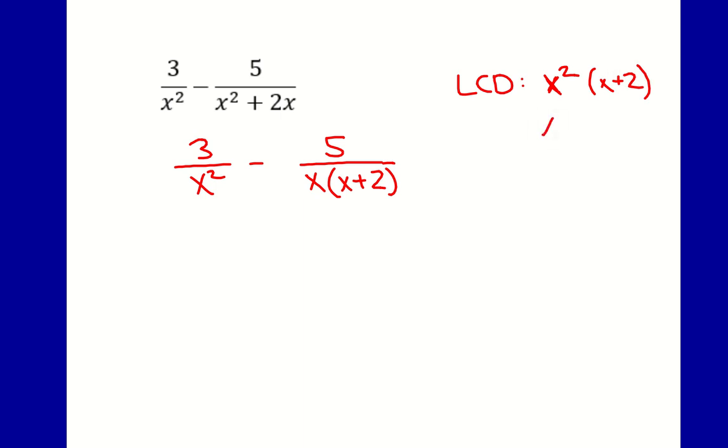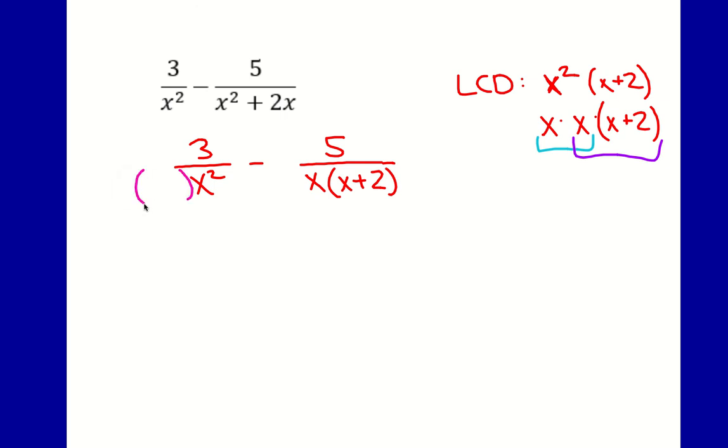If you want to write this as x times x plus 2, so that you can see that the first denominator fits inside and also that the second denominator fits inside, you would be welcome to do that, but it's unnecessary. So if that's the least common denominator, I need to see what I should multiply each fraction by in order to get that least common denominator.